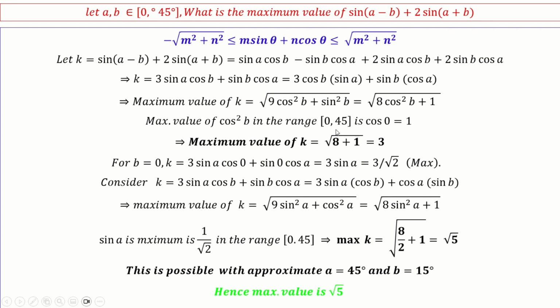This range of theta is very important here. It is playing a bigger role. So this is a very good problem to find the ranges of trigonometric equations. Most of the trigonometric problems you get in competitive exams are about ranges. Find the maximum, minimum. These are the typical problems you get.